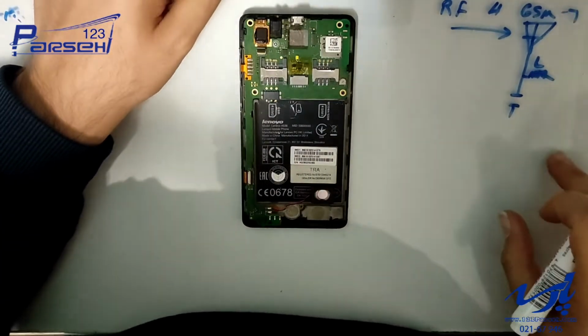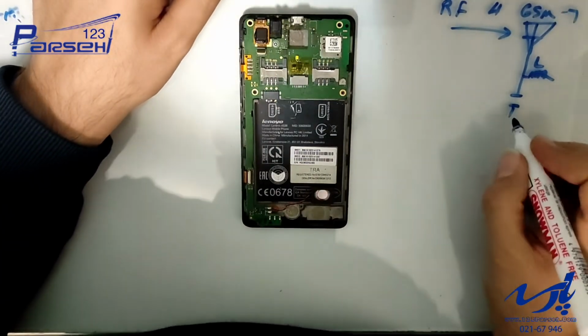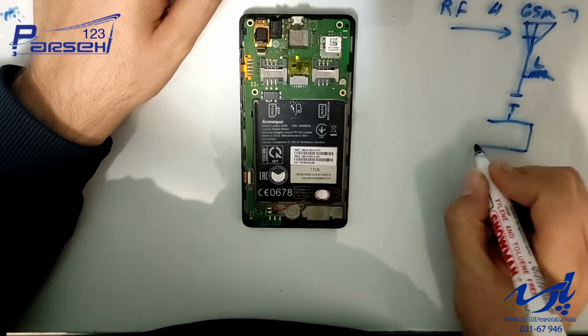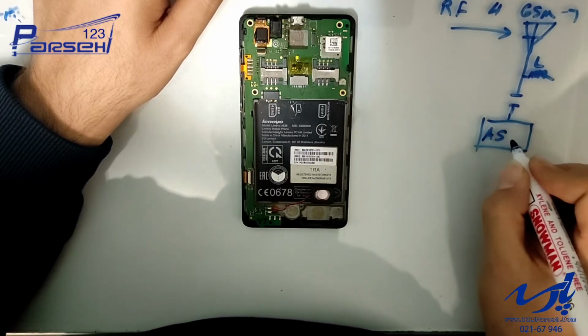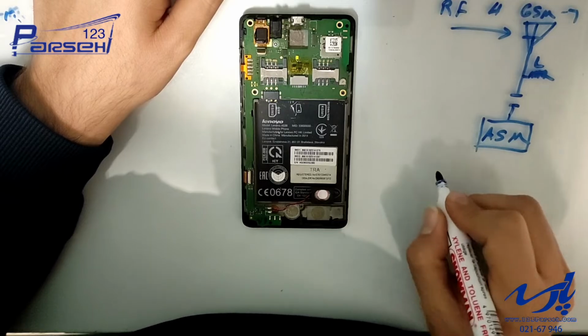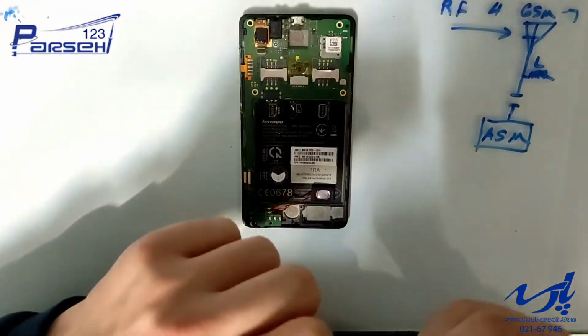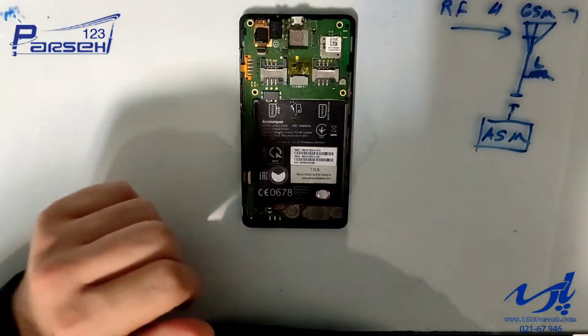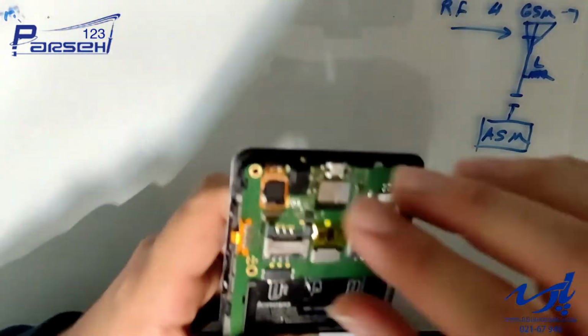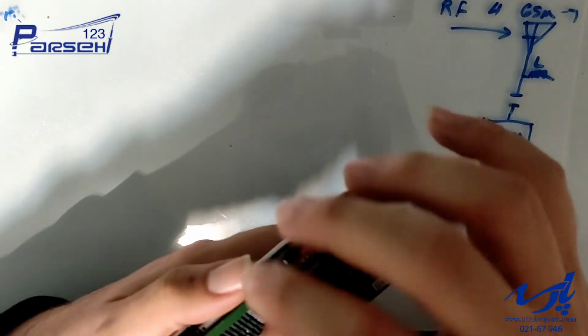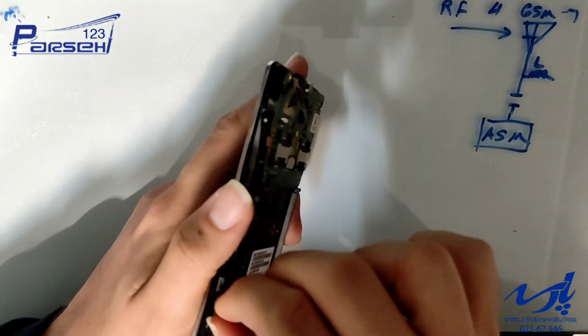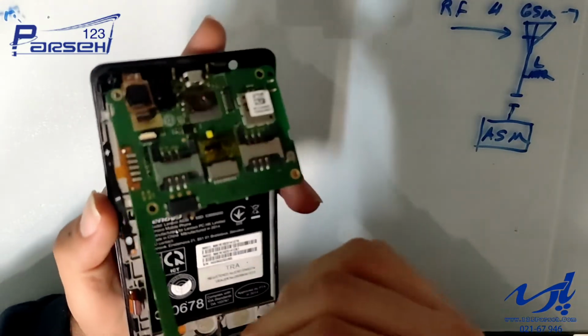Exactly after the antenna itself, we have an IC. It is called ASM, the antenna switch module. It is actually an acronym for antenna switch module. Then what is an antenna switch module? If I could find it here.